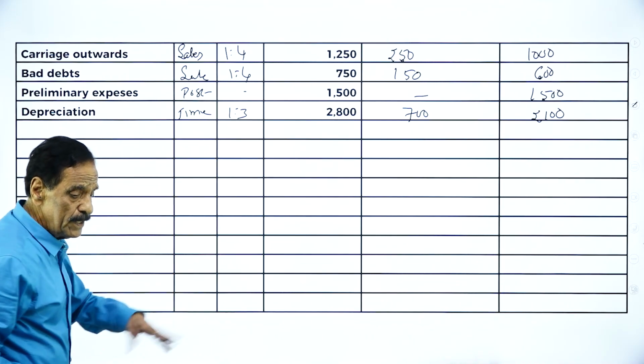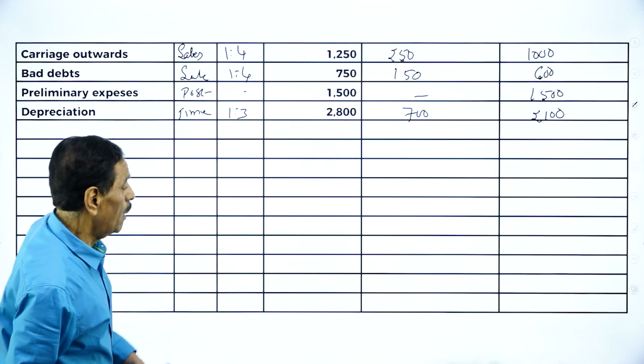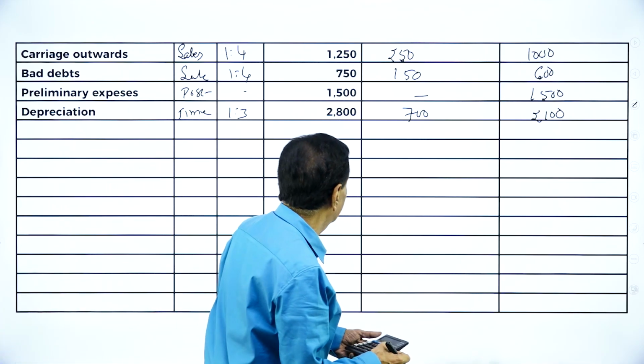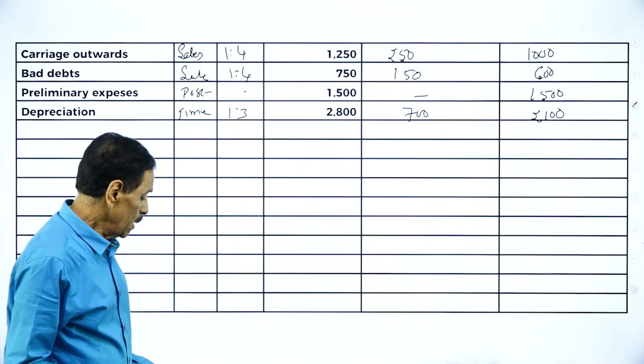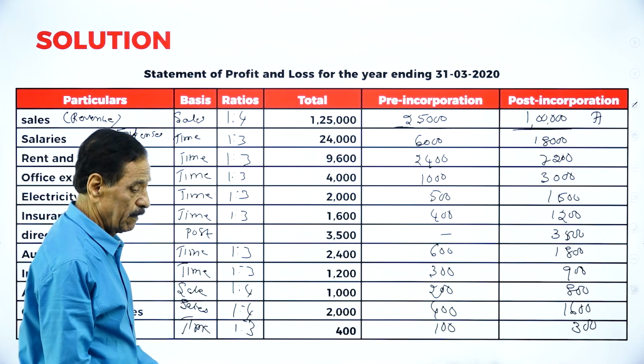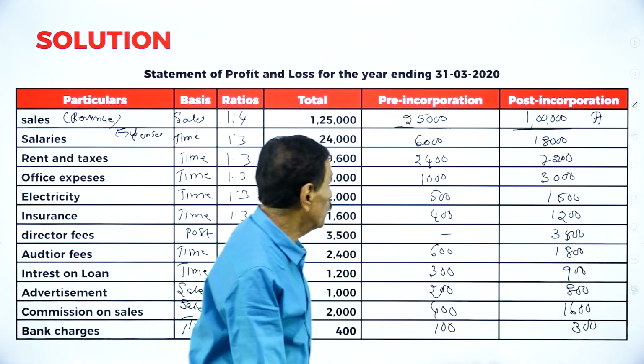So based on this, now you have to add the pre-incorporation expenses and post-incorporation expenses. All the expenses should be added. We'll go with the revenue; this is only a revenue.